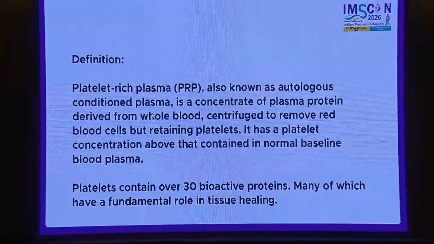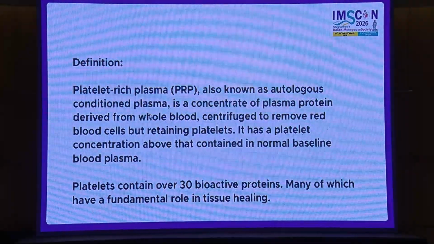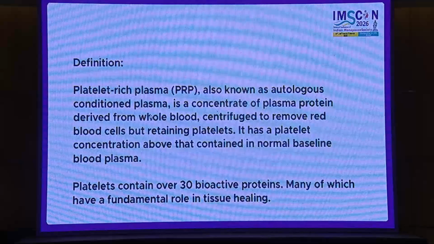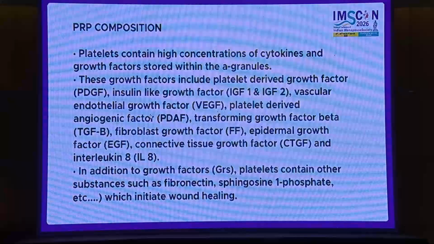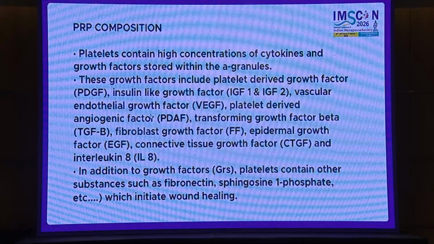So this is not the general plasma. The platelet contains about 30 bioactive proteins which may have a fundamental role in tissue healing. The platelet contains a high concentration of cytokines and growth factors stored in alpha granules. When we stimulate the alpha granules, these are released and work as a tissue healing product.